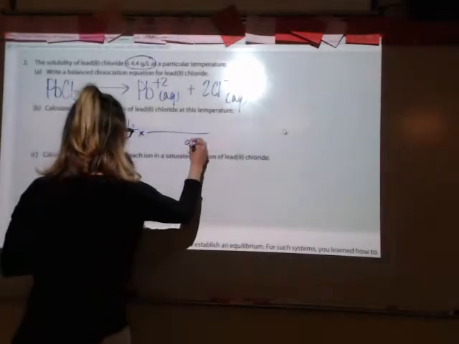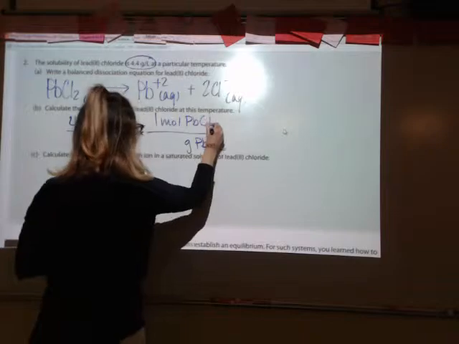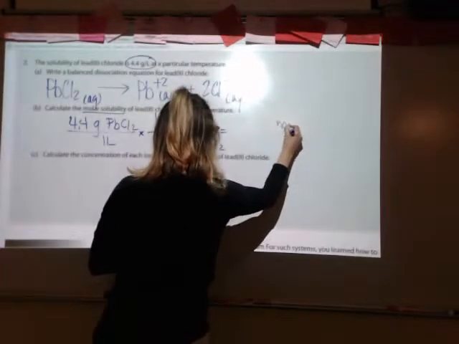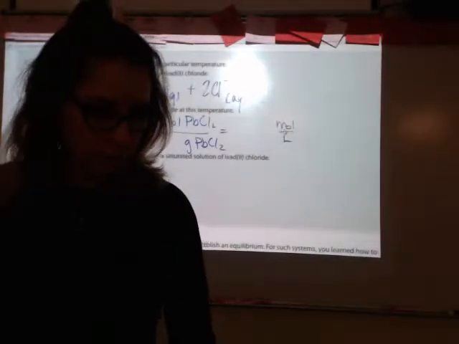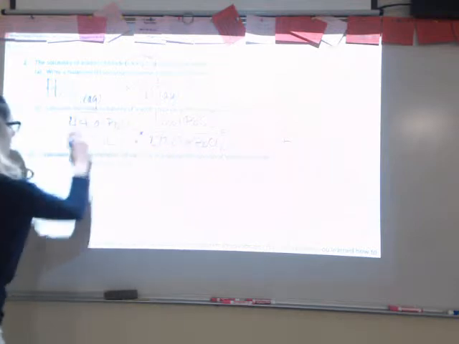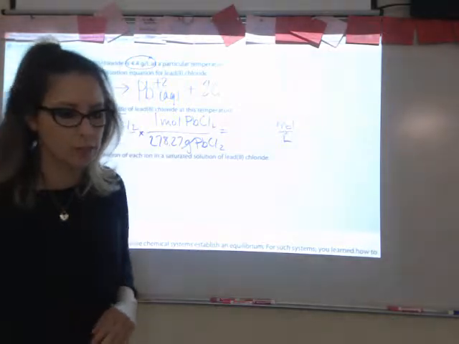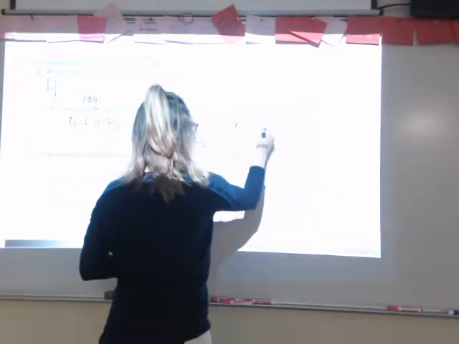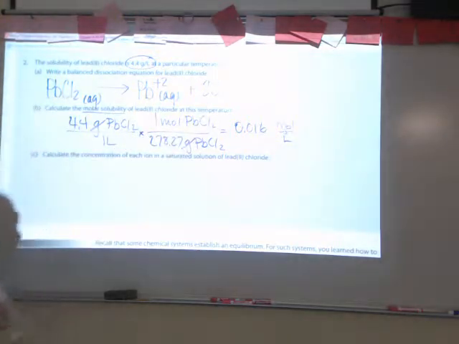So we're going to convert grams to moles. And the molar mass of PbCl2 is 278.27. So grams will cancel. I multiply 4.4 times 1 divided by 278.27. You're going to get 0.016. Easy enough?